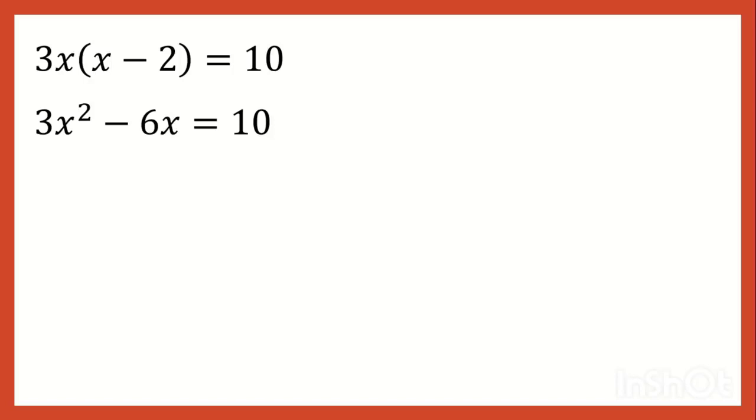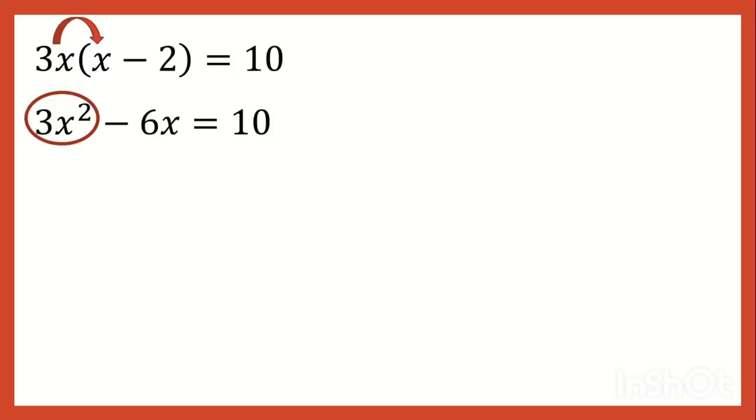Paano siya naging 3x squared? Multiply natin si 3x times x. So when we are multiplying the variable, we are adding its exponent. So since meron tayong x sa labas at sa loob, magiging 2 na siya. So squared. So 3 times 1, that is 3. X and x, that is x squared.